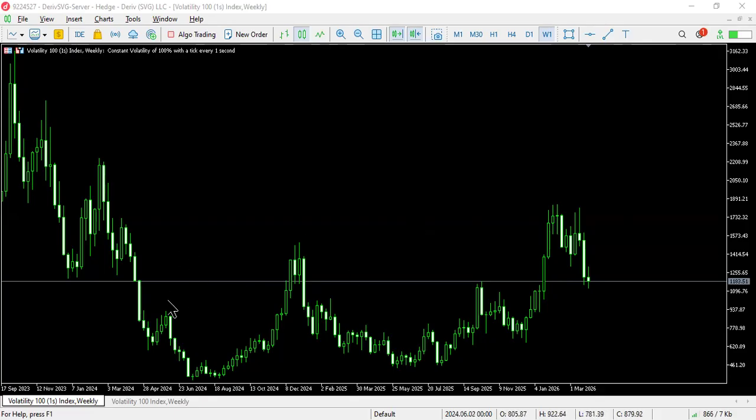So we are beginning our analysis with Volatility 101S from the weekly time frame. And as always, we start by marking our supply and demand zones. We can see price just stepped into this supply zone.